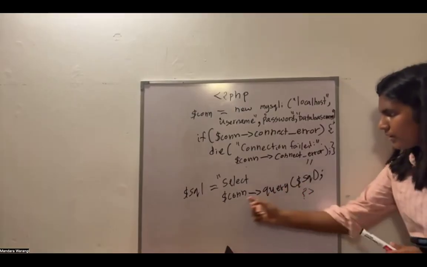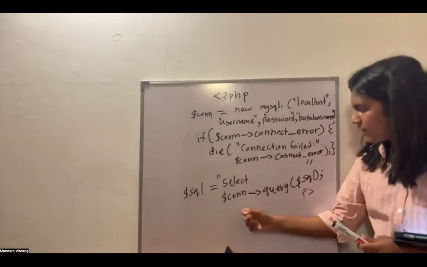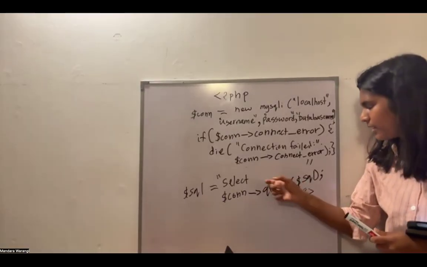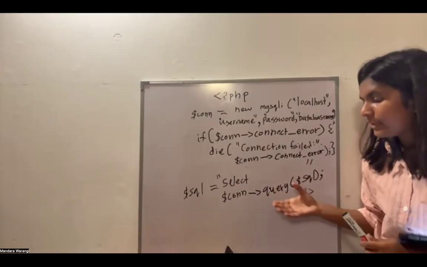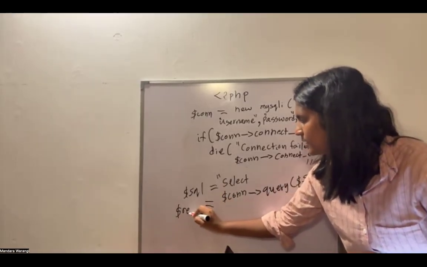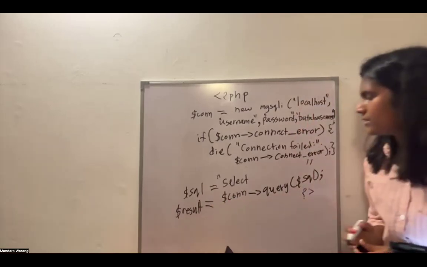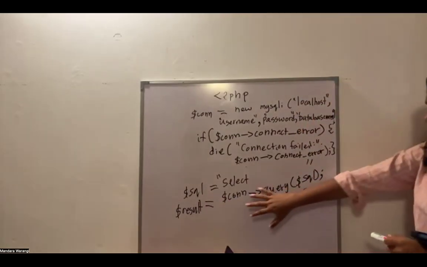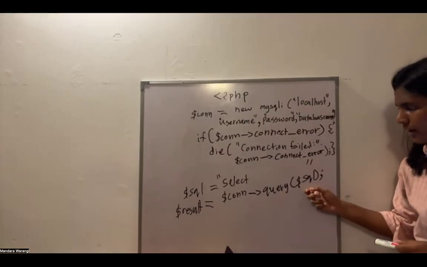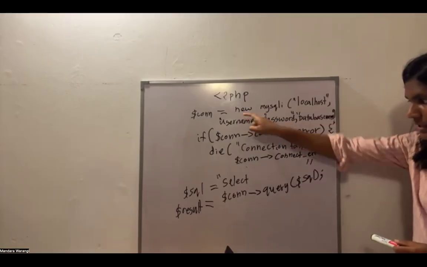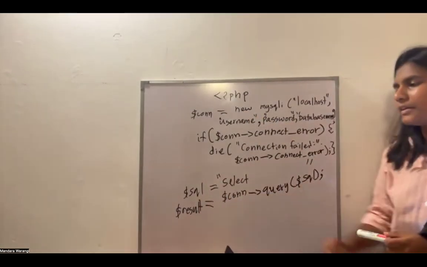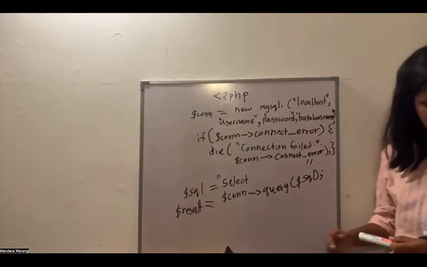This query, the specific select query, should be run in this connection where the connection is established, and the result of that should be stored in the result variable. I think you understood, right? So this is the format the query is running. The query should run in this specific connection, and the result should be stored in the result variable, right?